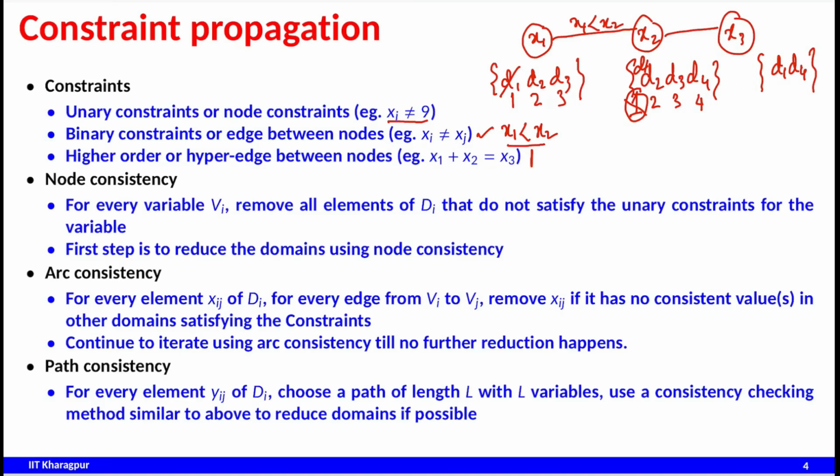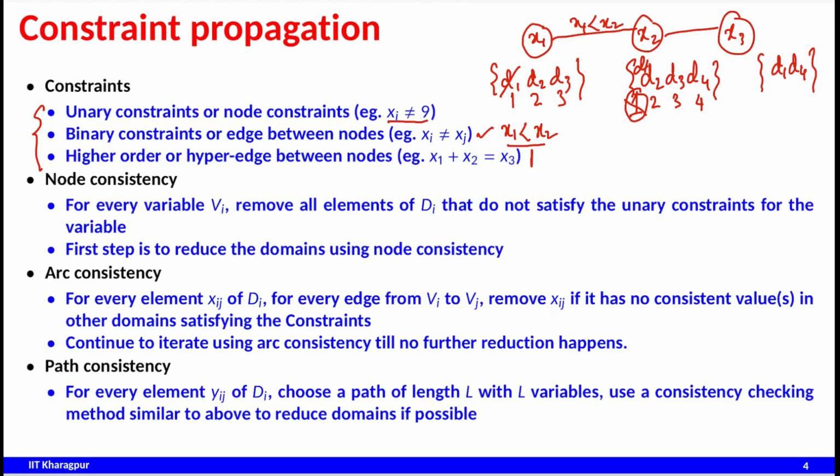Now based on that information we can go ahead with node consistency, arc consistency and path consistency. This will be given as inputs, or from the model we write those constraints, that need to be satisfied for finding an optimal solution.